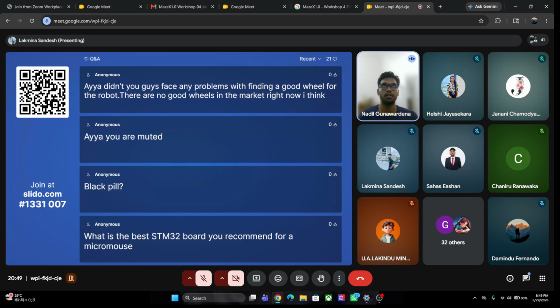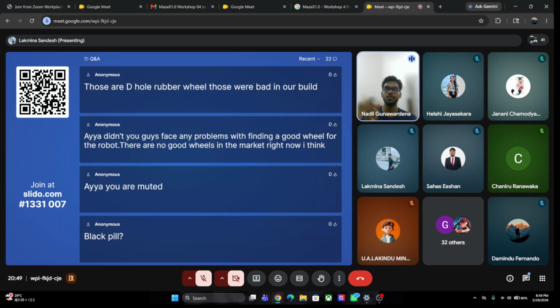If you are building a small micromouse, this is quite a big micromouse. You need to go for much smaller wheels, and also use those brushless motors that you use in drones, I think. Those rubber wheels were bad in our build.